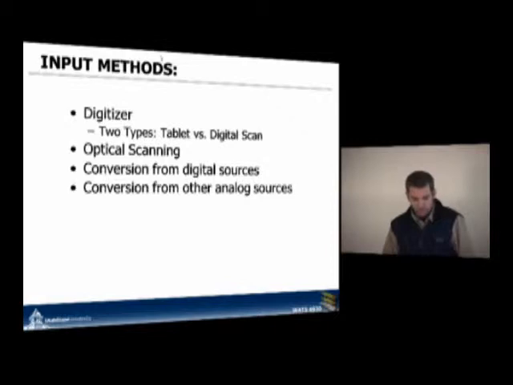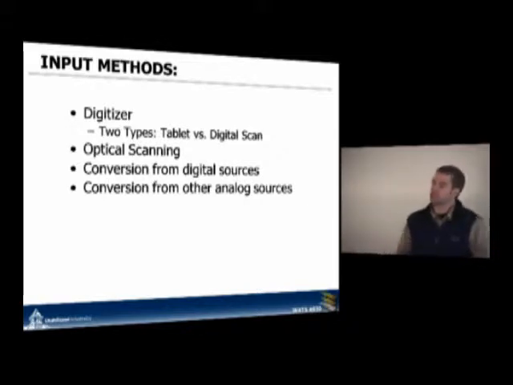We can also get data by converting it from other sources, for example film. There are data sets where videography was collected from a flight, and you might be taking stills out of that.